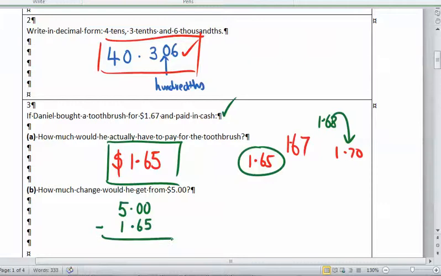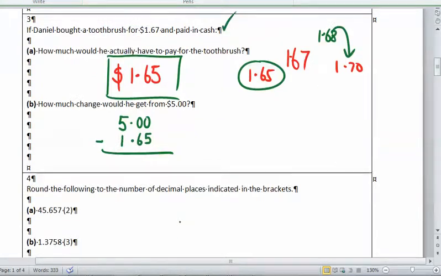$1.65. Let's do that. 0 take 5. We can't do that, can we? But can we borrow from here? So what do you do? So you make that a 4. Make this a 1. You make this a 9. Yep.